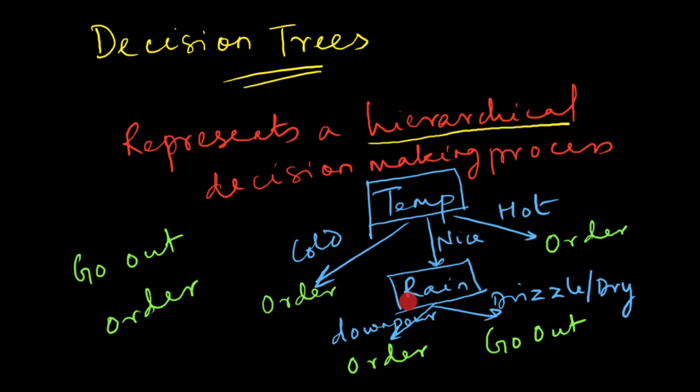And the attribute rain has two values: one is downpour and one is drizzle. So this is the main thought process behind decision tree algorithms. And as you can see, one clear advantage of decision trees is that they can handle this kind of symbolic attributes and values.